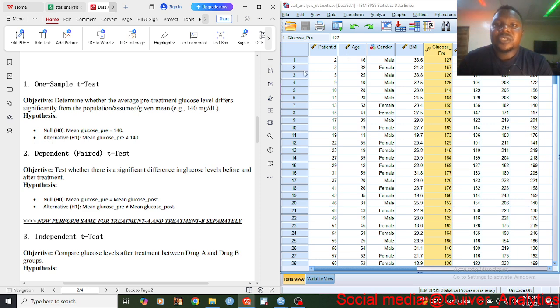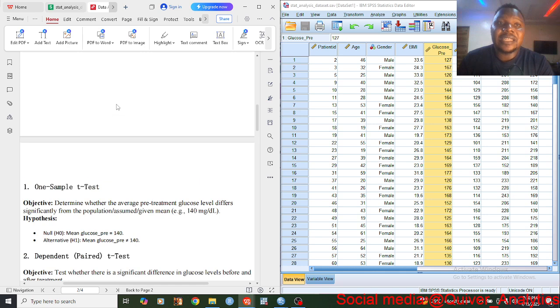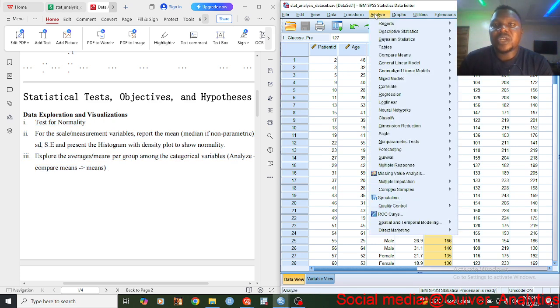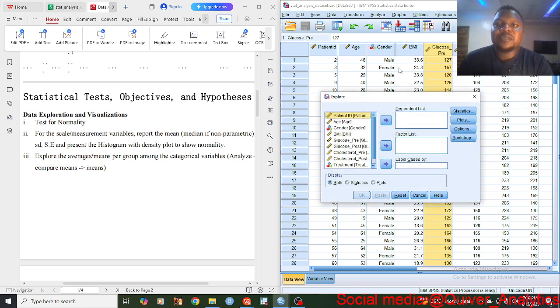Now let's go straight into that. We'll not just do a one sample t-test just like that. There are some pre-testing procedures that we have to do here. So the first thing is to test for normality. Let's go to Analyze, Descriptive Statistics, Explore.